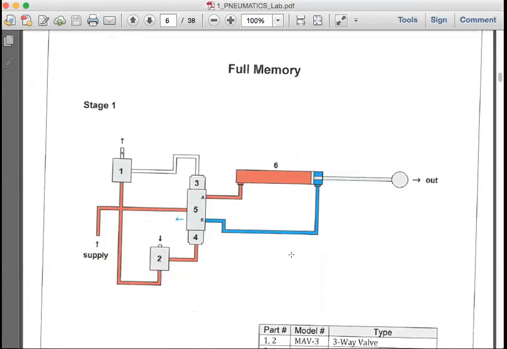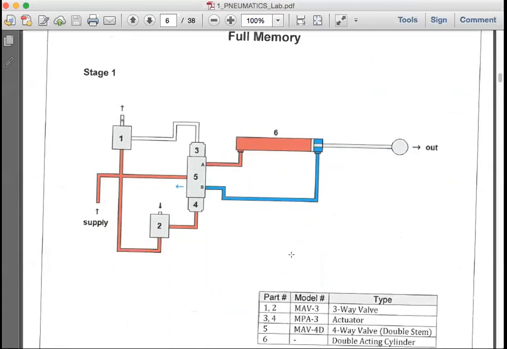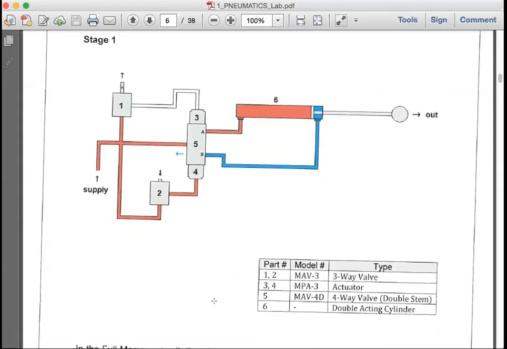This is actually your initial stage, but they skip the initial stage as both stems are going up or pointing up. And they right away indicated that the bottom valve, valve number 2, is activated. And once again, you see each component has a unique number.